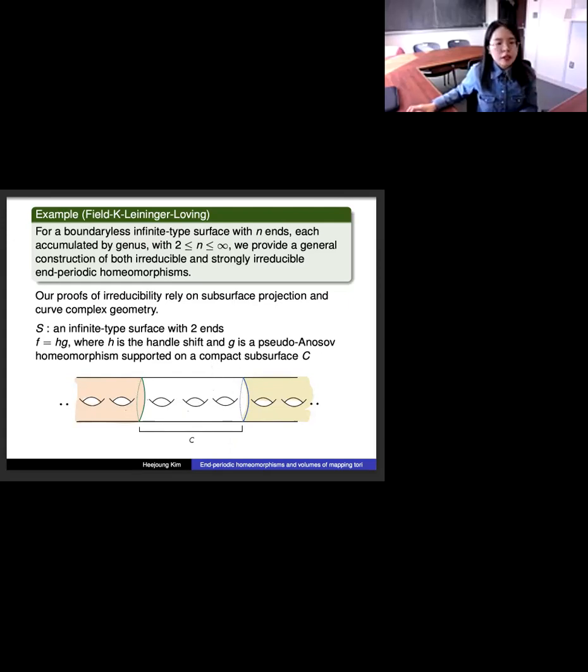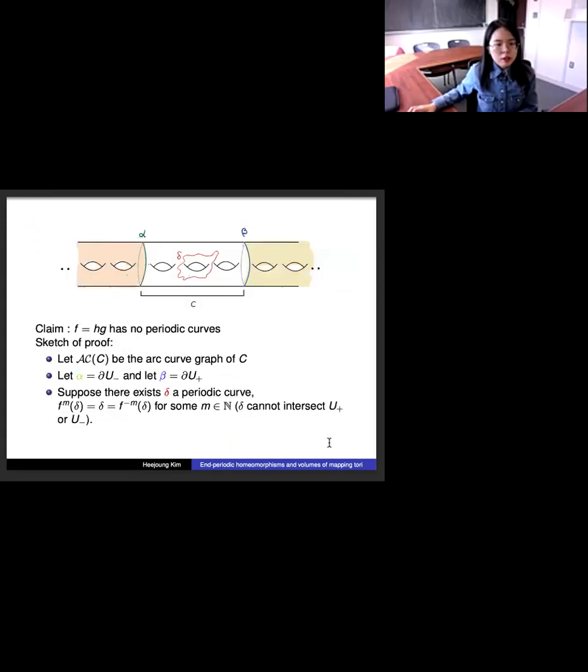Okay. So for the proof, we will use subsurface projection and the arc curve graph of C, the subsurface.